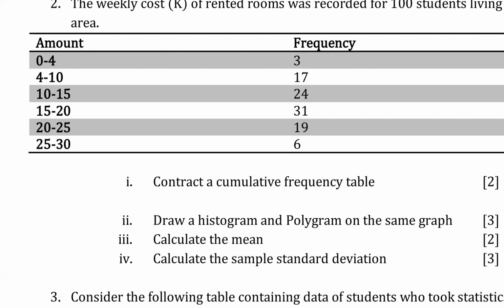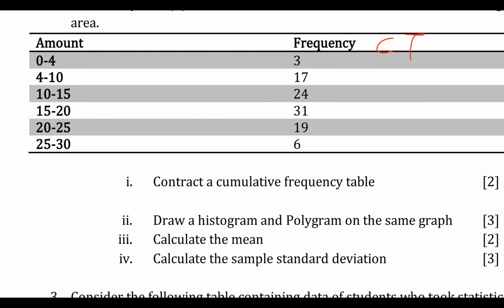When you're accumulating frequencies, you start with 3 here, then you add 3 plus 17 is 20. 20 plus 24 is 44. 44 plus 31 is 75. 75 plus 19 is 94. And 94 plus 6 gives you 100.